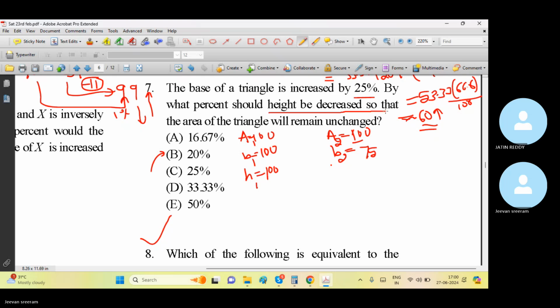Let's find out H2. Can't we find H2? That's fine. Yes, sir. This is one of the easiest methods, right? Can we get the correct answer following this or not? Let's check. A2 by A1 is equal to B2 by B1 times H2 by H1.